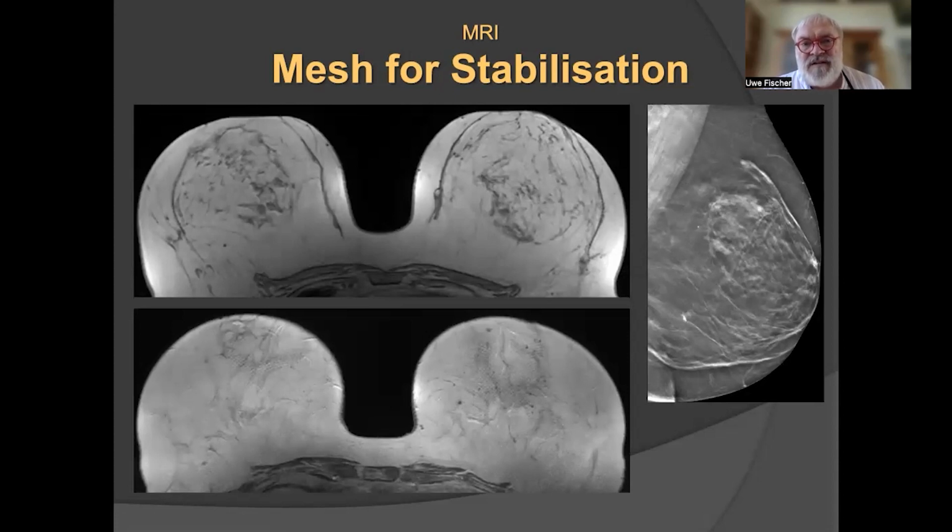And you see this mesh on T1 weighted imaging, even in the upper and lower slices. You can see this structure of the mesh, and you can see also the mesh if you make mammography in the periphery of the flap, again, just for stabilization.